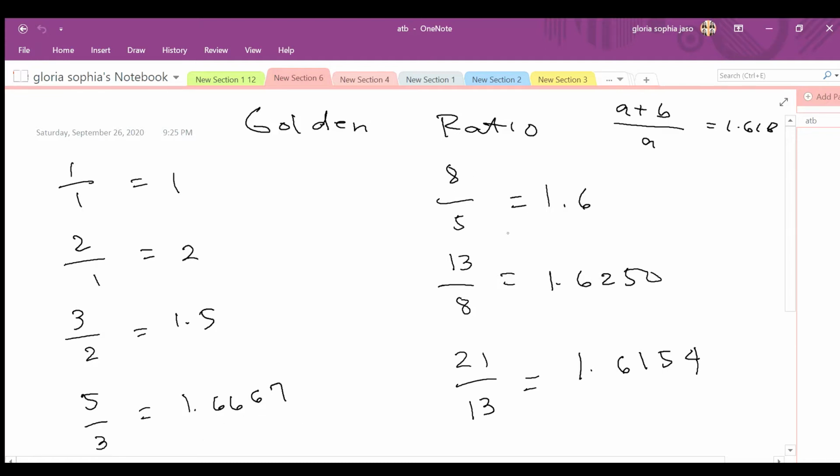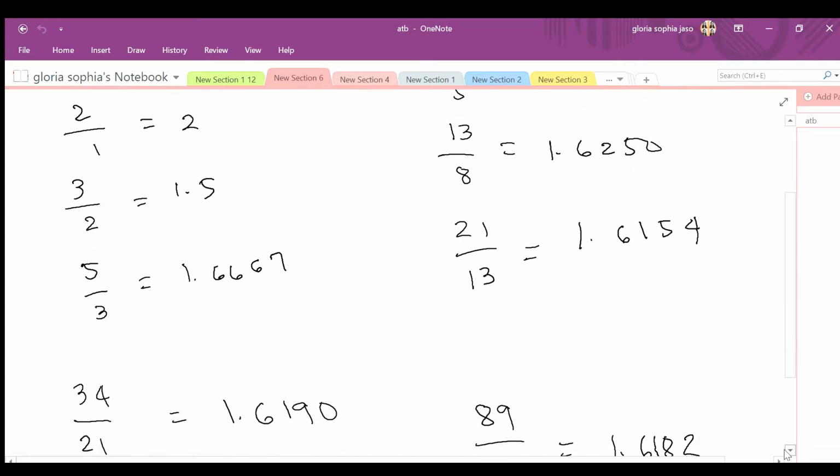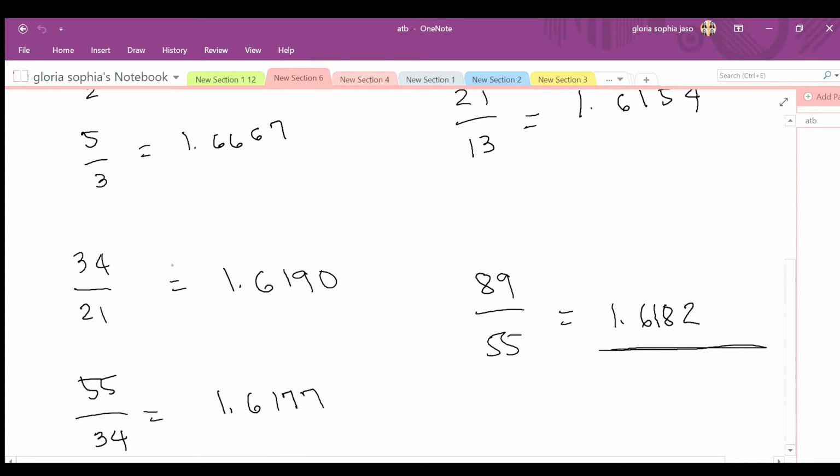So, si 8 over 5 is 1.6. Si 13 over 8 is 1.625. Then, si 21 over 13 is 1.6154. And then, si 34 over 21 is 1.619. Then, 55 over 34 is 1.6177. Then, si 89 over 55 is 1.6182.